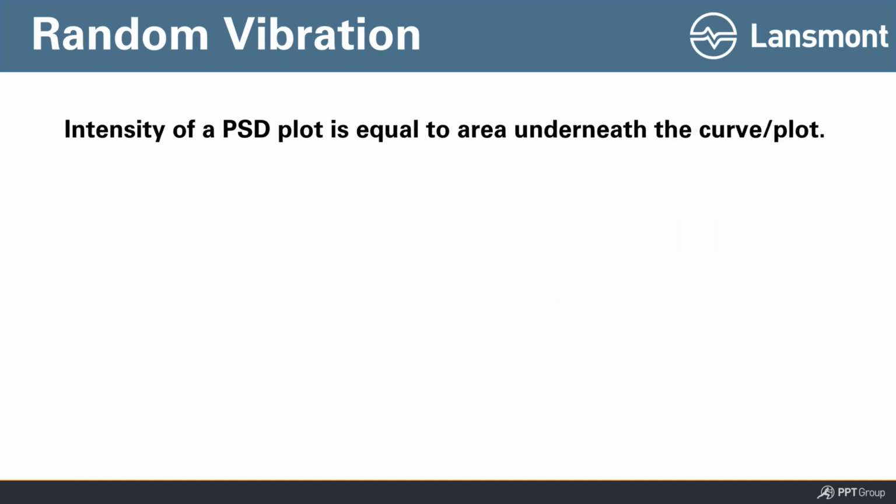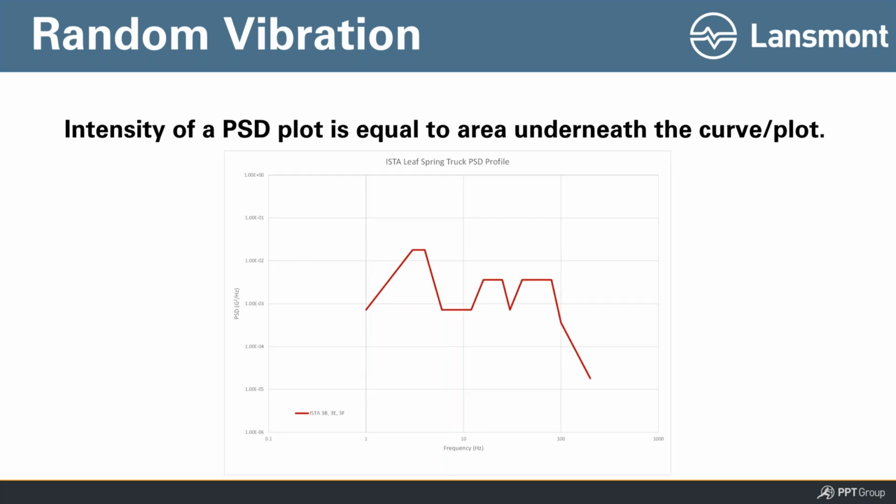When we talk about the intensity of a PSD plot, that intensity is calculated as equal to the area underneath the PSD plot itself, the curve of the plot itself. So same thing, this is the leaf spring truck profile. That profile is included in or referred to in ISTA 3B, 3E, 3F, and that PSD profile has an intensity that's described in terms of its GRMS.